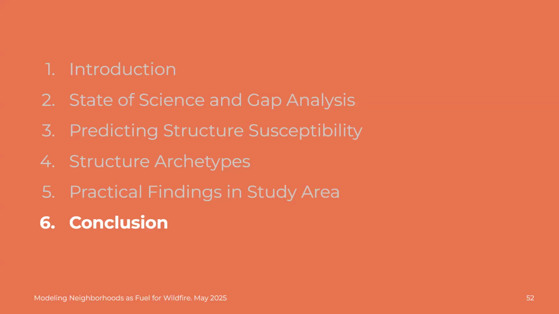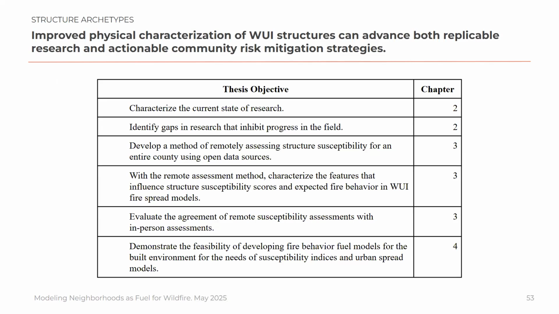So in conclusion, my objectives were first to characterize the current state of research and identify gaps. I did that through the literature review. Then with those gaps, I tried to fill them by developing a method of remotely assessing structures and structure susceptibility using open data sources and a remote feature set. With that, I predicted field risk ratings, which had moderate accuracy, and future research would do well to validate that with other models.